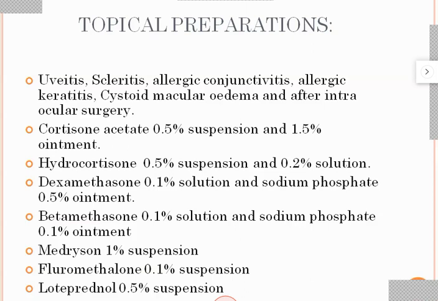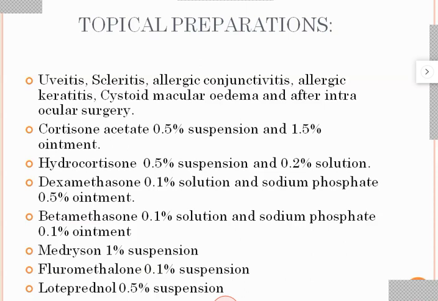Dexamethasone is 0.1% solution and sodium phosphate 0.5% ointment. Betamethasone is available in the form of 0.1% solution and as a sodium phosphate molecule 0.1% ointment. Medrysone is 1% suspension. Fluorometholone is available as 1.1% suspension.